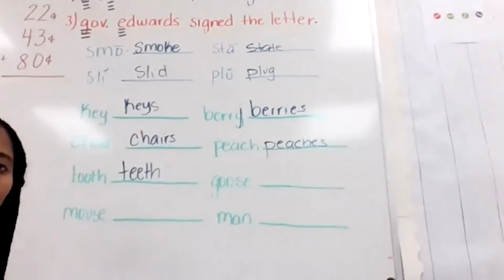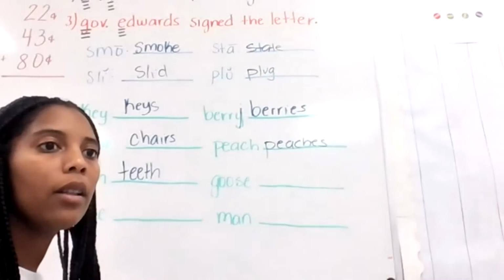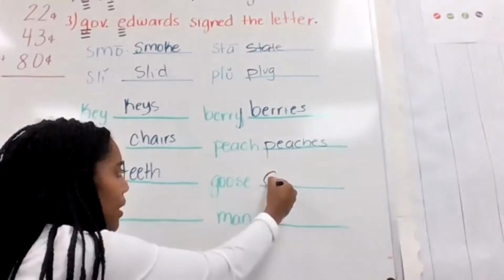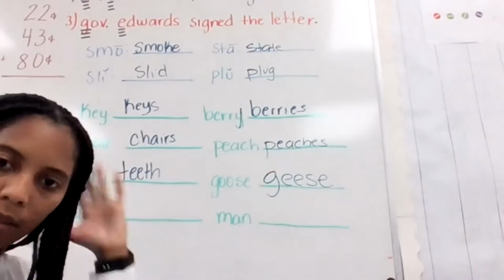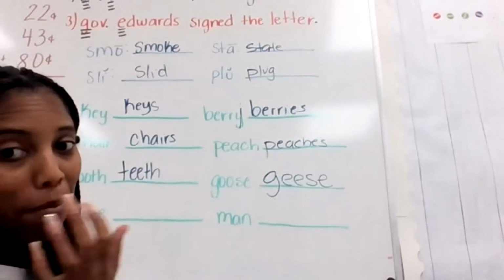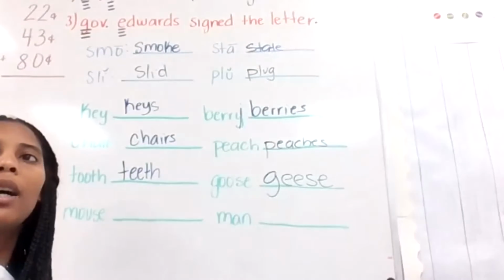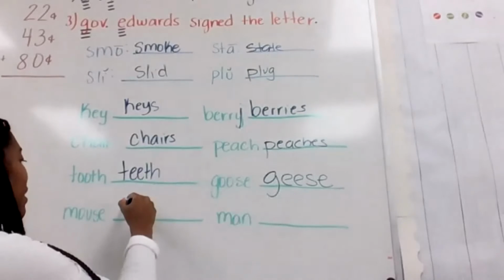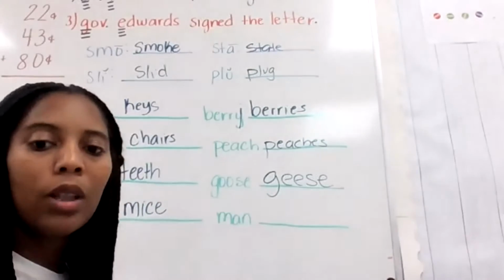Goose, another example. What would the plural of goose be? Geese. Next, we have mouse. How would I turn mouse into plural, more than one mouse? What will it become? Mice. Mice is more than one.